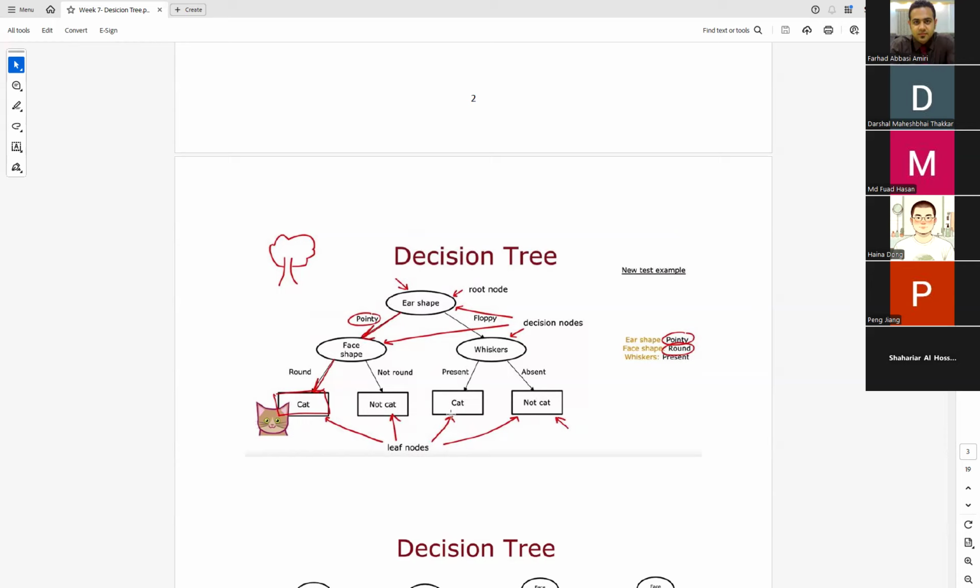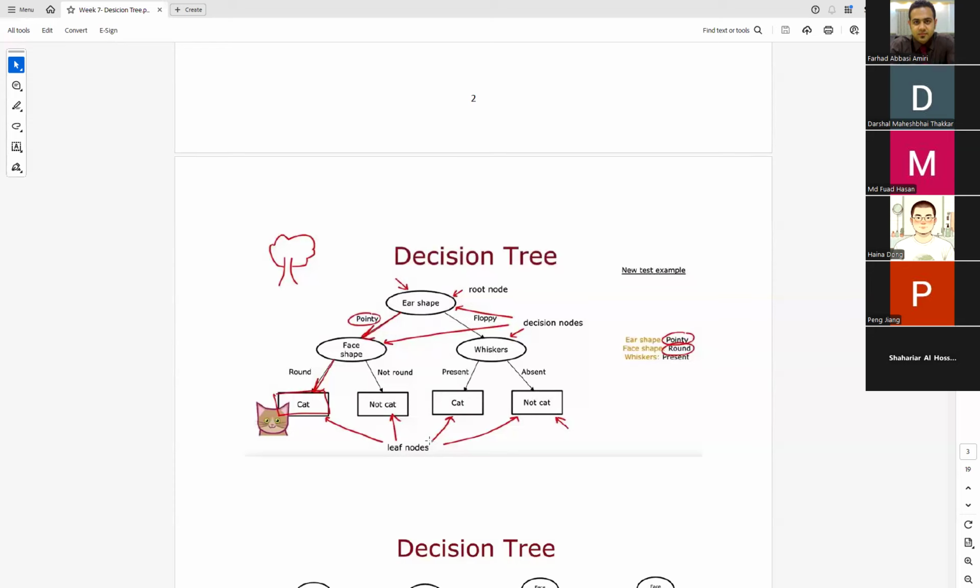And the last rectangles at the bottom of this decision tree are called leaf nodes. So a decision tree is made up of the root node on the top, the decision nodes in between, and the last nodes, which are called leaf nodes.